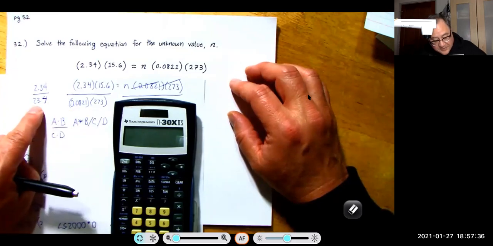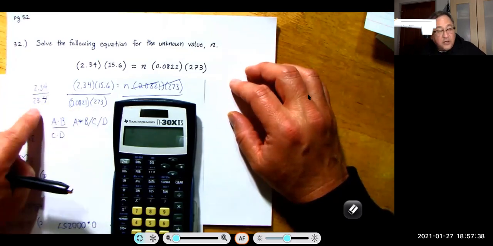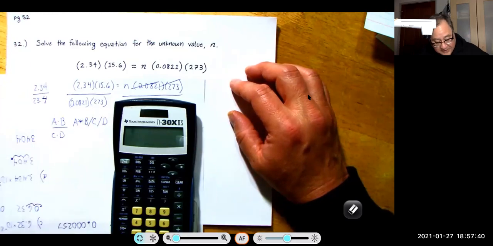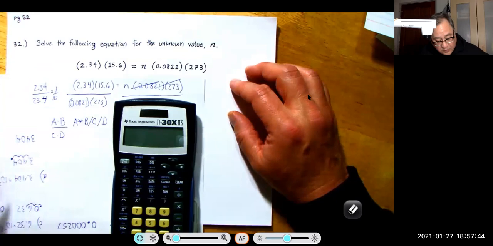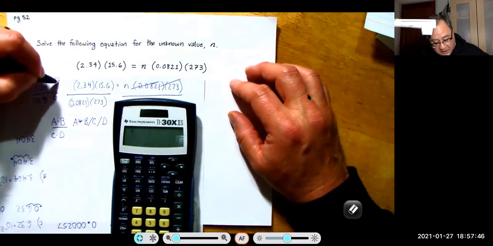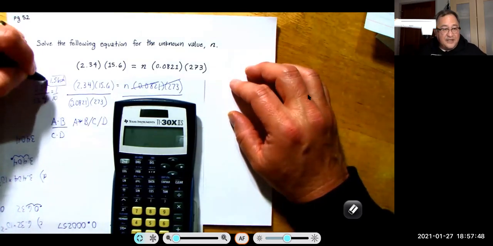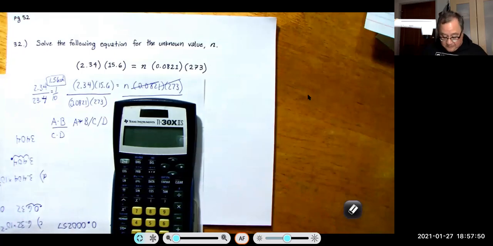And the reason I'm doing that is because if I have 2.34 over 23.4, that's the same as 1 over 10. And 10 goes into 15.6 1.56 times. So that's my ish. I think the answer should be around that.